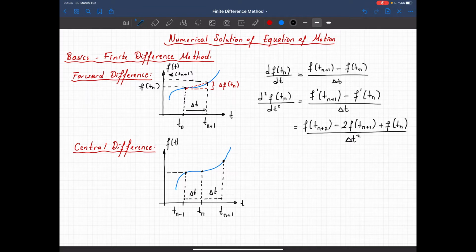And the value of the function, this is f at Tn minus 1. This one is f at Tn. This one is f at Tn plus 1. So while taking the derivative, we will be using the previous time step and the next time step, and we are approximating the variation by a line. So that's what we do.